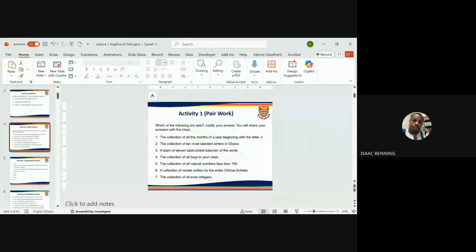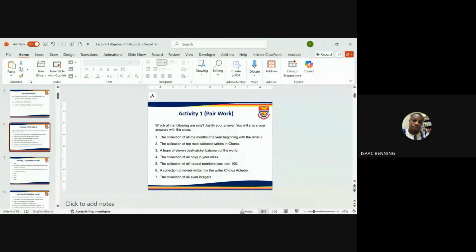So, I think you are giving very good, diverse views of how you are all looking at these two statements. Now, when we look at statement 1, the collection of all the months of a year beginning with letter J, when you ask anybody, the person will give you the months that begin with letter J. So January, June, July.